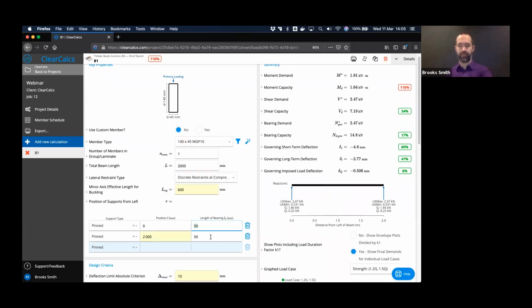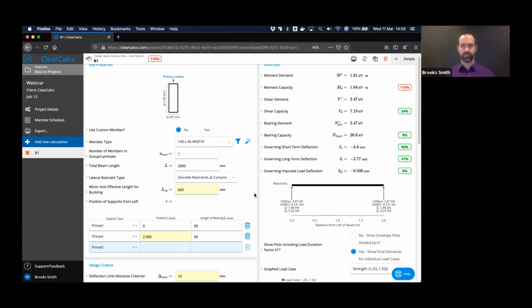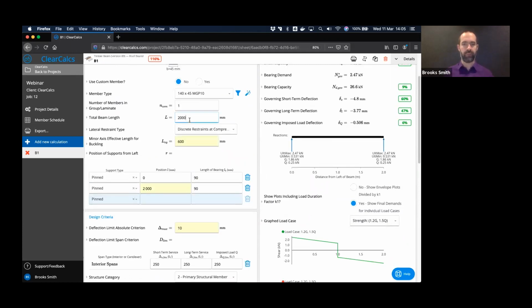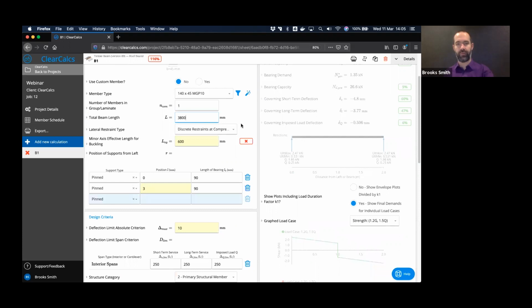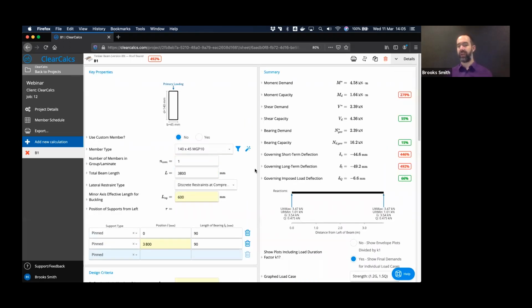Length of bearing of 90. Total length of 3,800 millimeters, and we can see that the default MGP10 that was selected here no longer works.